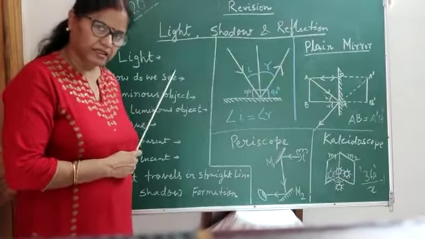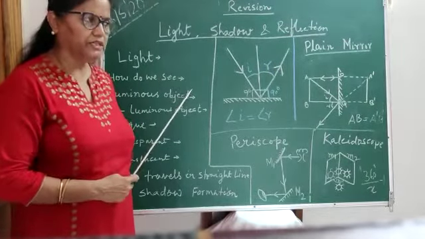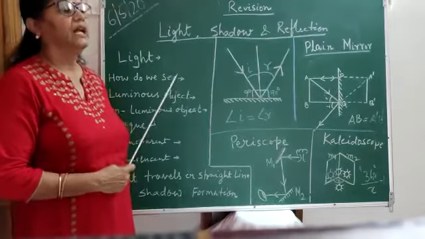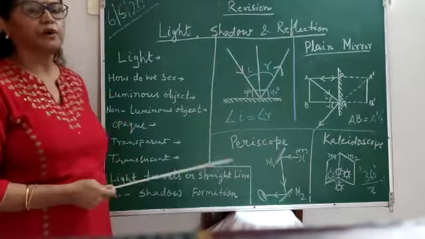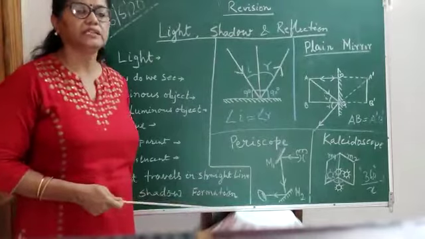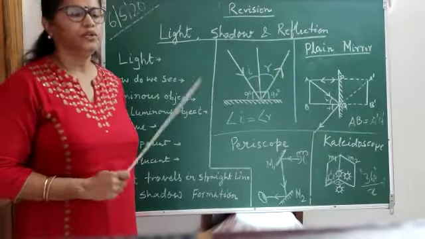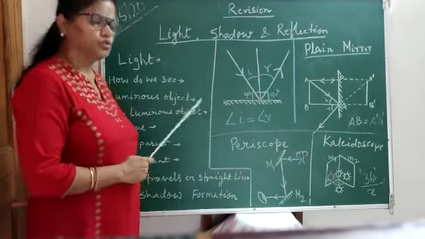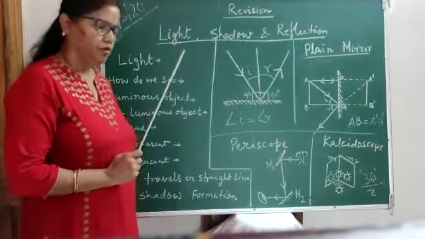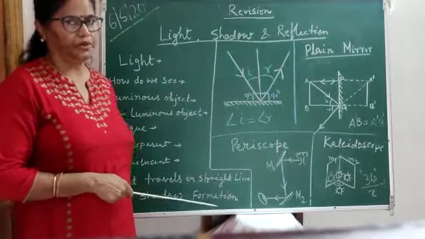Sun rays are falling on us, we are an opaque object, and our shadow is formed on the ground. Ground is here the screen. So for formation of shadow, three things are required: source of light, opaque object and screen.